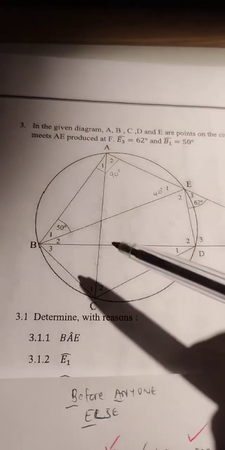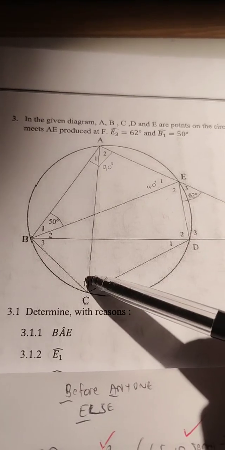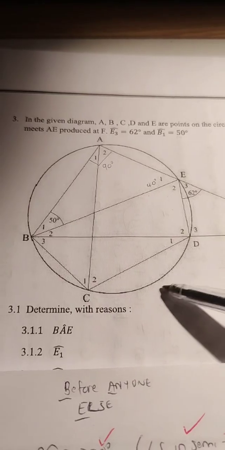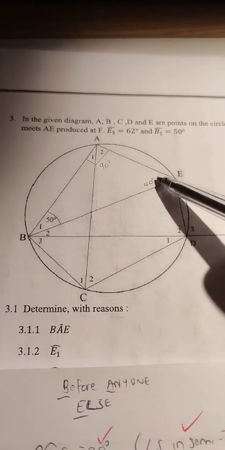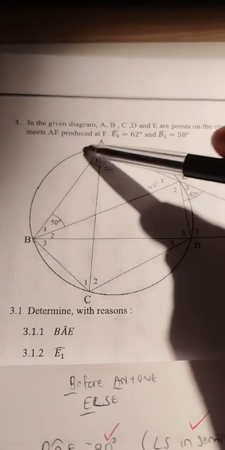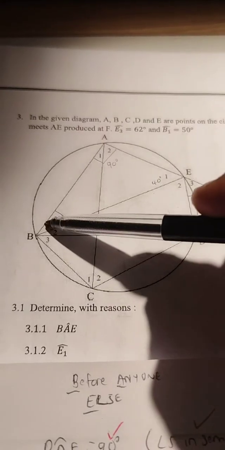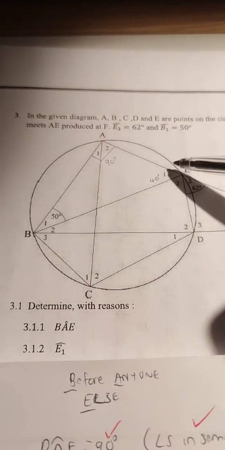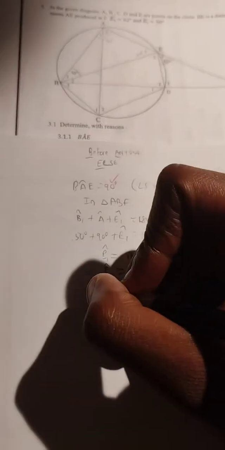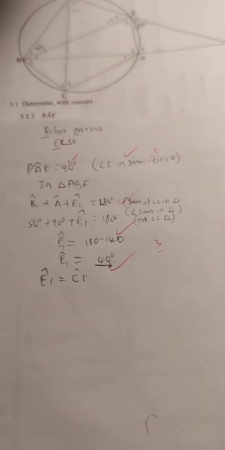Where's angle C1? Angle C1 is here. C1 has a relationship with angle E1. Do you see that? C1 has a relationship with E1 because arc AB, or chord AB, subtends angle C1 and it also subtends angle E1. So we can say angle E1 is equal to angle C1.